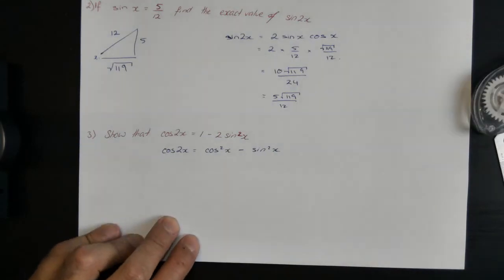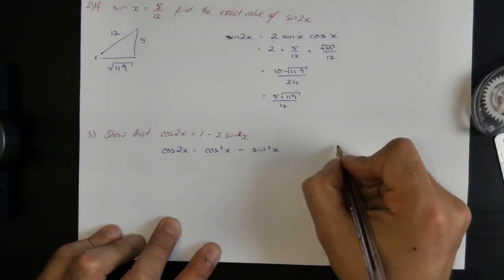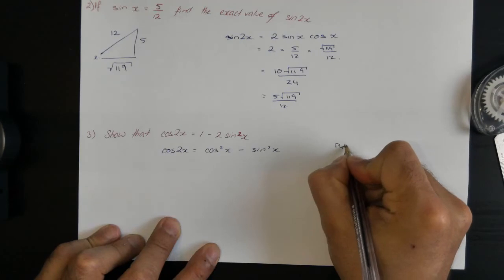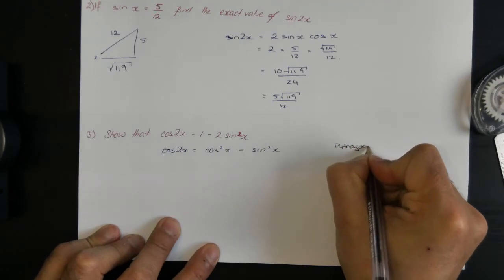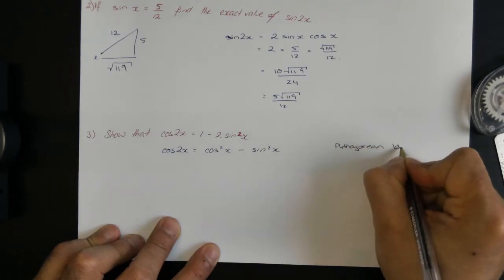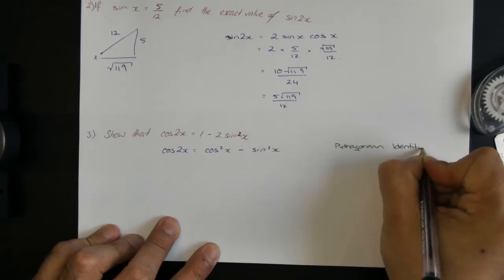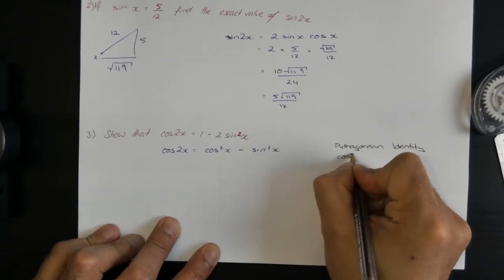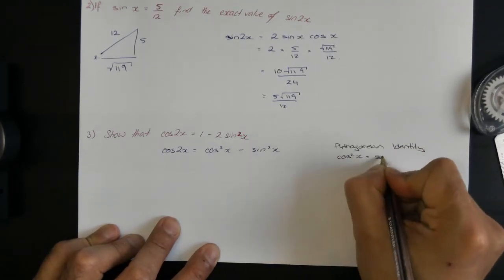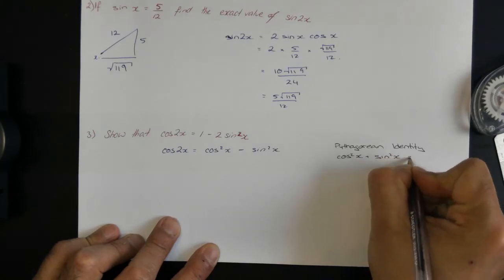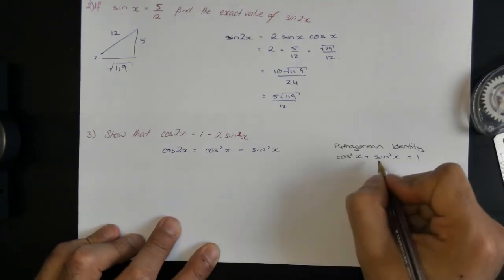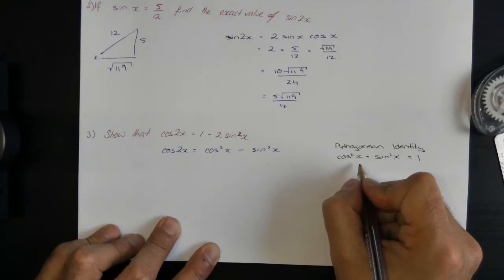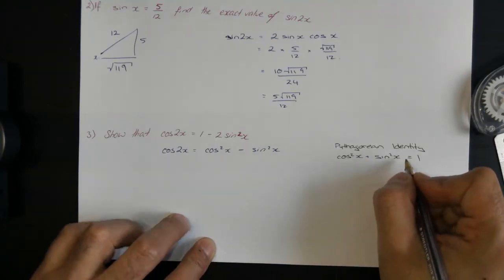Now, using the Pythagorean identity, that cos squared x plus sine squared x is equal to 1, and that comes from the unit circle.